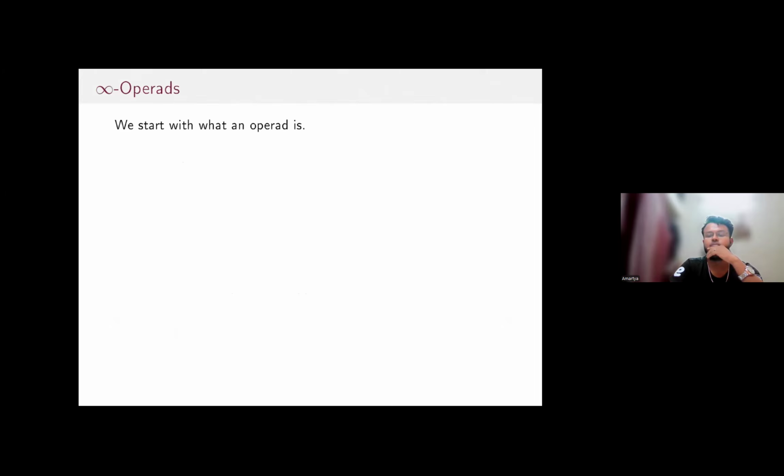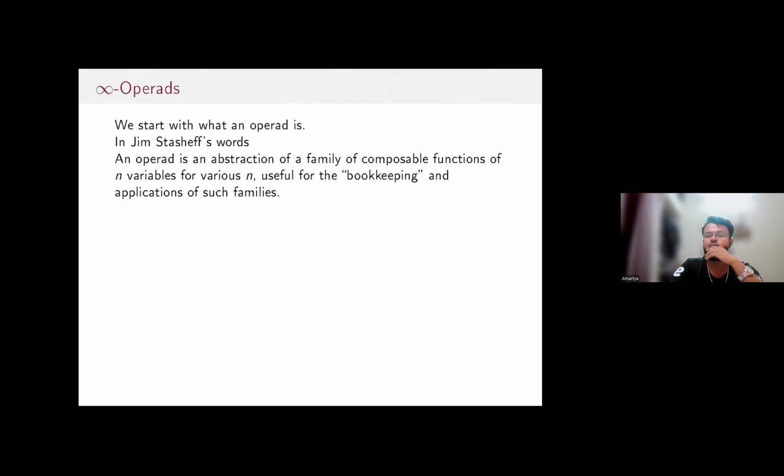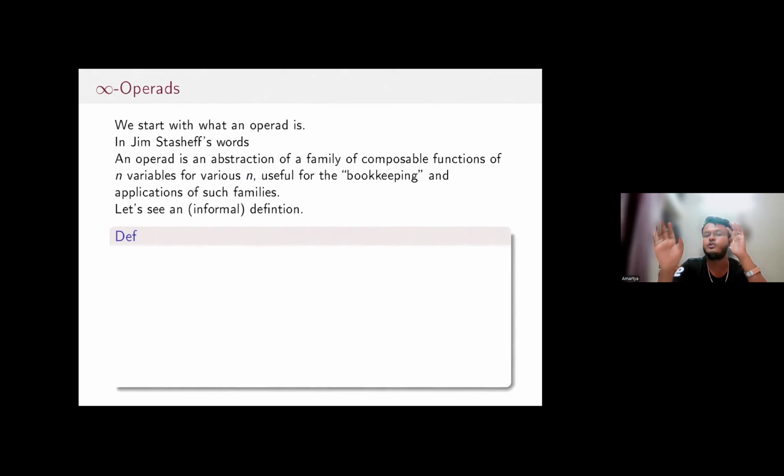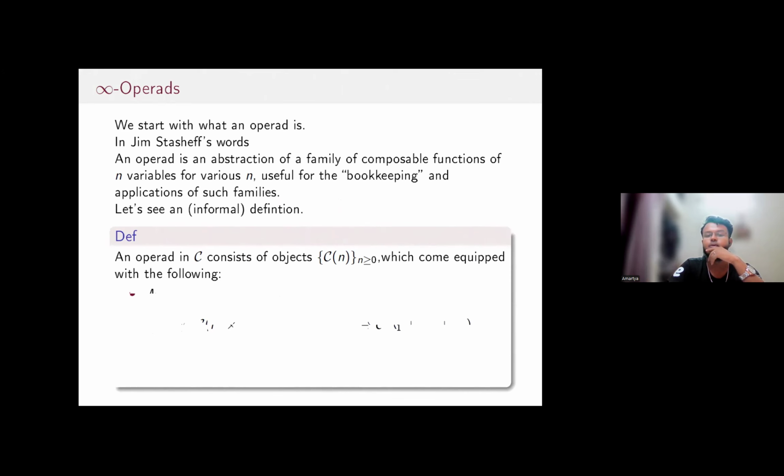I'm going to start from what an operad is, just to remind y'all. In Jim Stasheff's words, an operad is an abstraction for a family of composable functions for n variables with various n, useful for the bookkeeping and applications of such families. Here's an informal definition. I'm not going for a formal definition. An operad in C: you have these objects which come equipped with these maps, and there's an identity element.